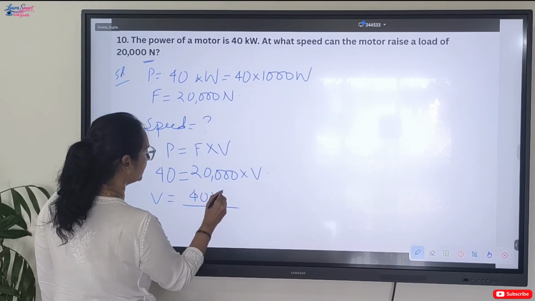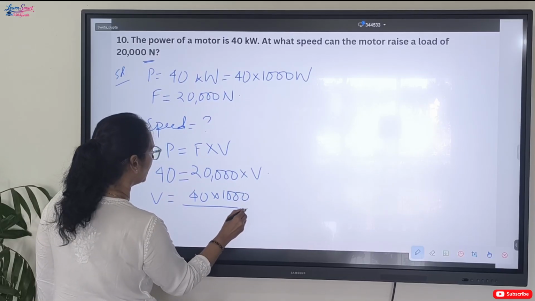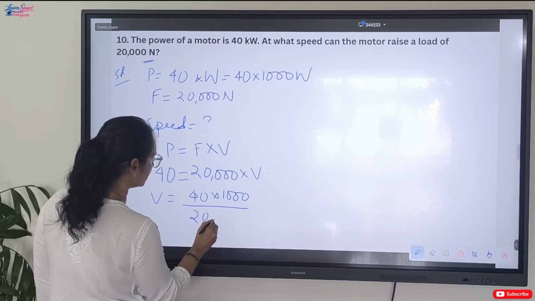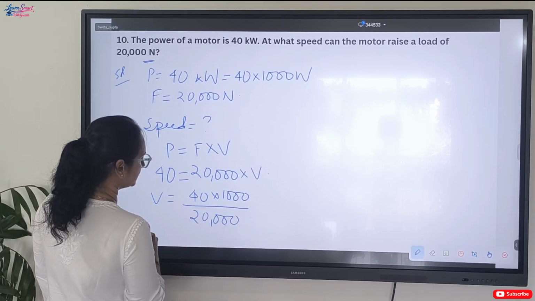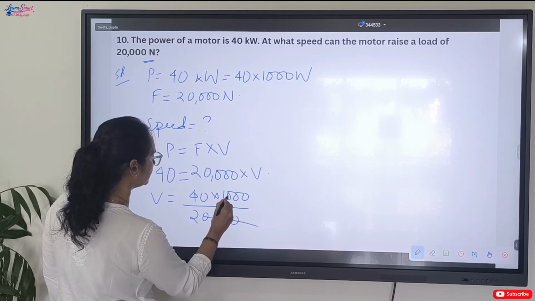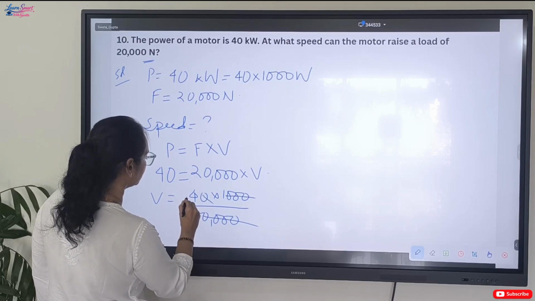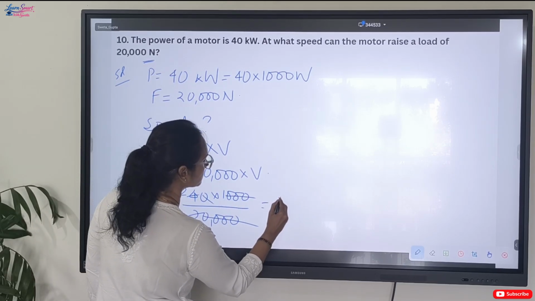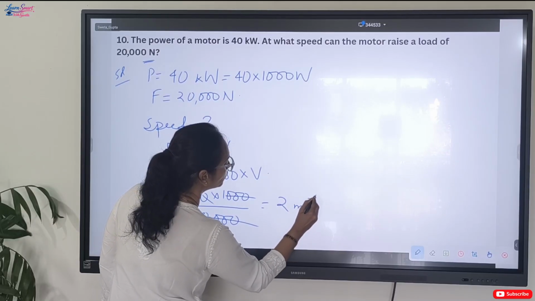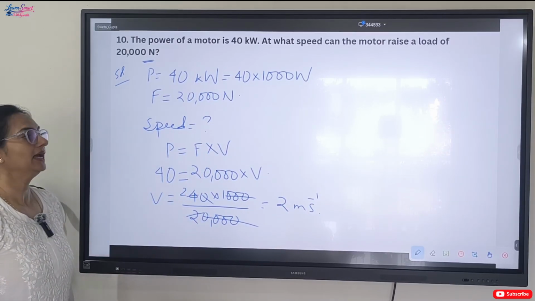So here also 40 into 1000 upon 20,000. So we get 2 meters per second.